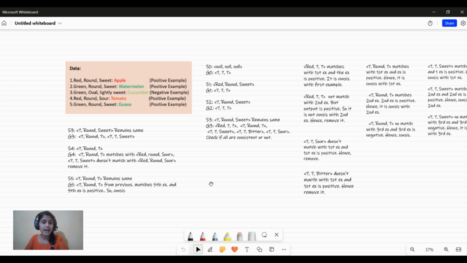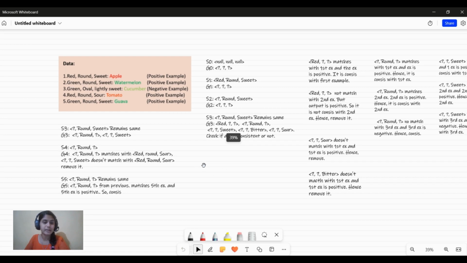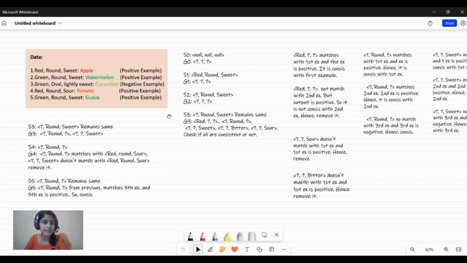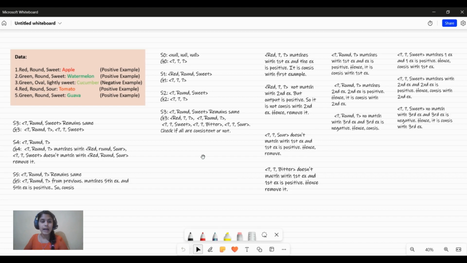So here I have opened my Microsoft Whiteboard, and I have pasted the image from the slide of the data that we are feeding to our machine learning model. According to the candidate elimination algorithm, we are going to derive the final hypothesis. So how does it work?